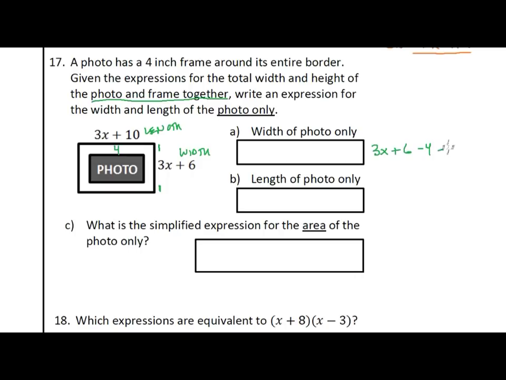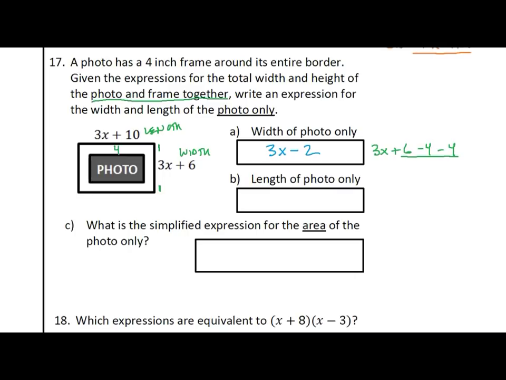So we've got to subtract 4 twice. You can combine these like terms. 6 minus 4 is 2, minus 4 is negative 2. So our final width is going to be 3x minus 2.